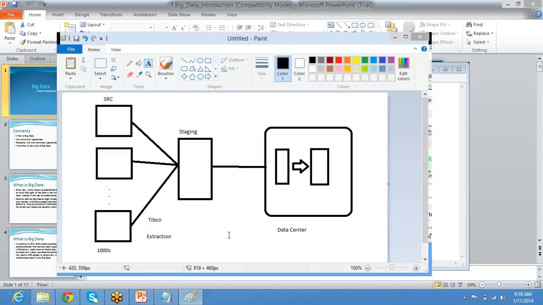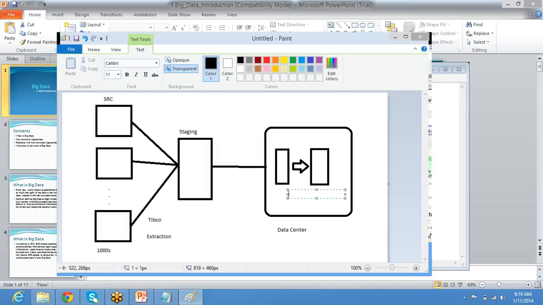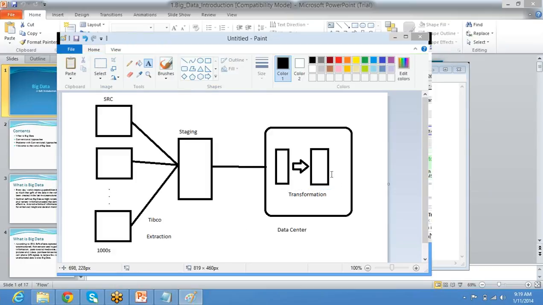This is ETL: extraction, transformation, and the next thing from this, you load it into your warehouse.